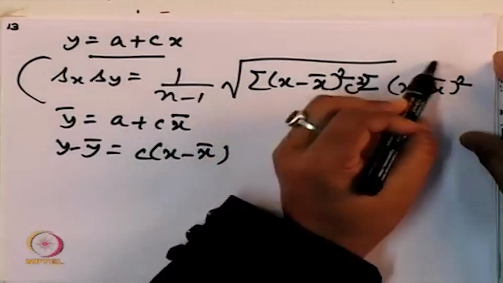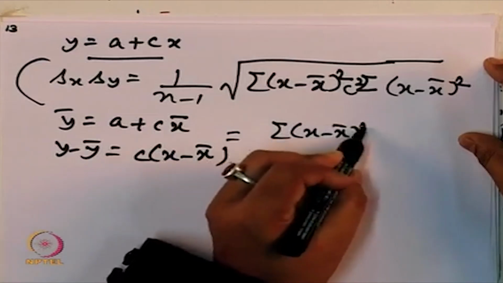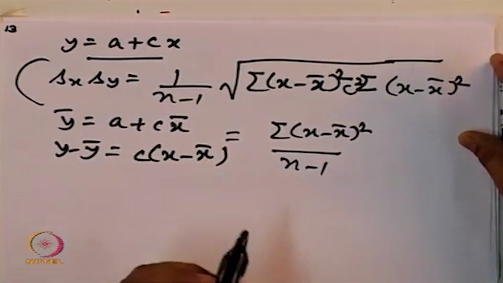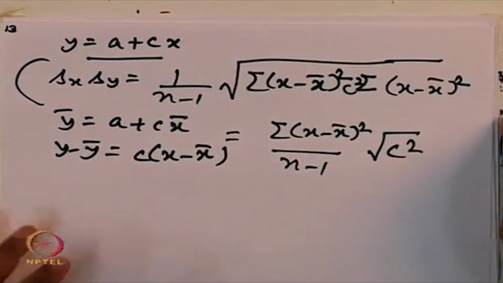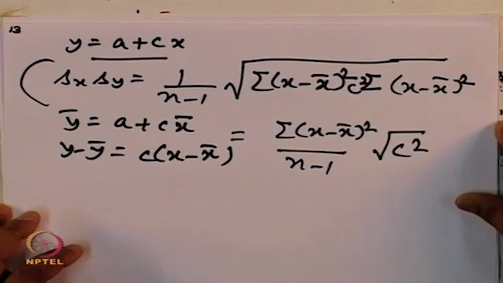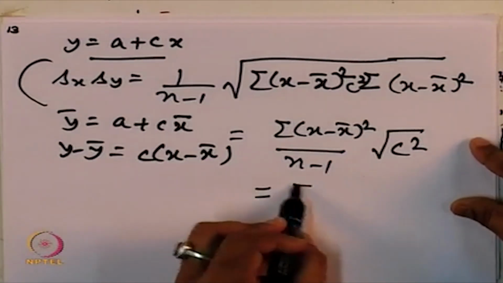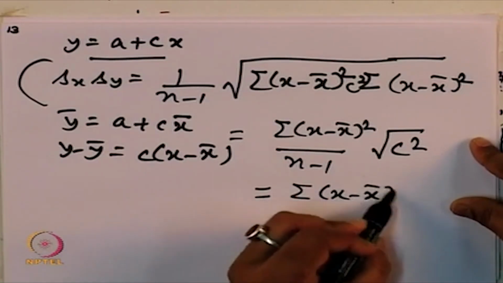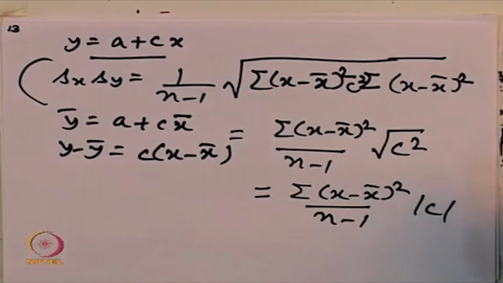Okay. So, under the root I can take it out, and it is equal to the square root of the summation of (x minus x bar) whole square by (n minus 1), into the root of c square. So, this is what I have. I can write it as the summation of (x minus x bar) whole square by (n minus 1), into mod of c. Okay.